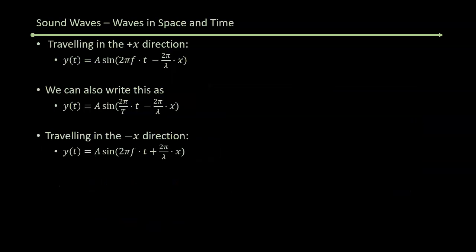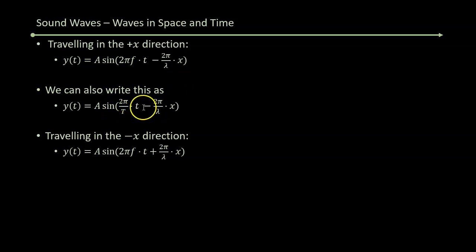If we look at waves in both space and time, which is where they really exist, the full equation for them is the wave y of t is a sine of 2 pi f times time minus 2 pi over lambda times x, if this wave is moving in the x direction. All right.